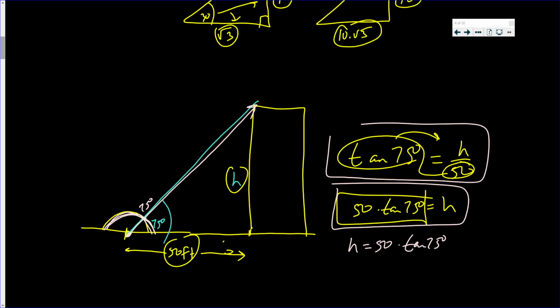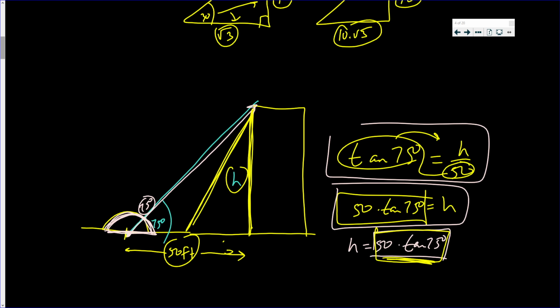It's a lot easier putting your tool here and measuring 75 degrees than it is to buy various ladders. Whatever number this is, you want a ladder longer than that, because you don't want to buy a ladder that's exactly that long, because then you can only put it up against the building. The ladder has to be more like that. So you just want to get something bigger than this.